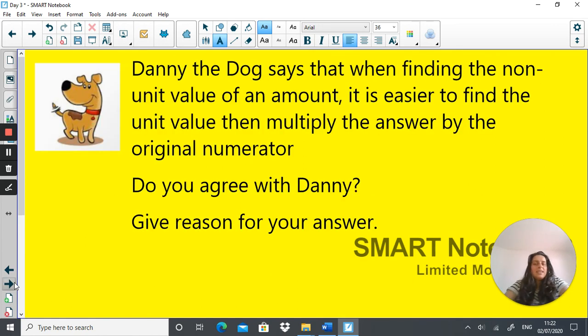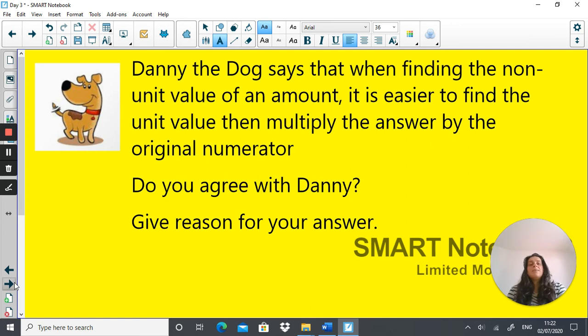Without checking to see what I did next, Danny! They had 1 right, 1 wrong so far this week, and let's see what he's saying today. Danny the dog says that when finding the non-unit value of an amount, it's easier to find the unit value then multiply the answer by the original numerator. Do you agree with Danny and give reasons for your answer? Now, Danny is right, isn't he?